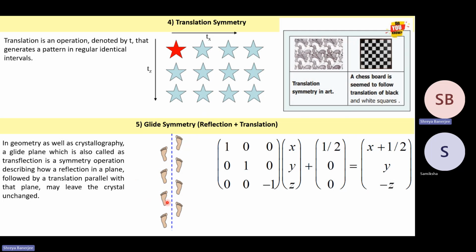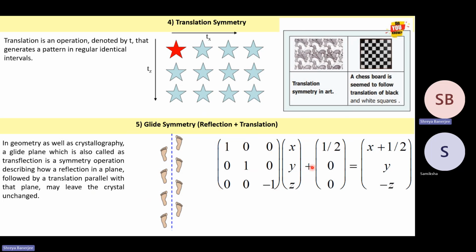So for glide symmetry, if your reflection operator along the xy plane is where x and y remain the same, z becomes negative, so 1, 1, minus 1, this matrix is the reflection operator.